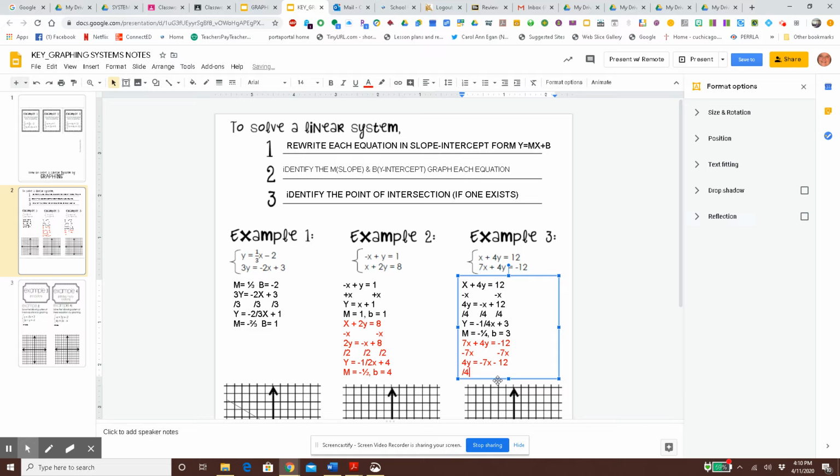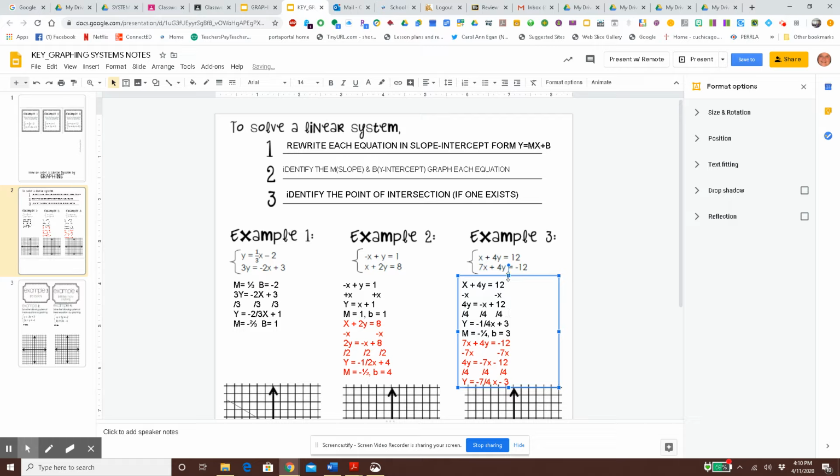Divide everything by 4. And I'm going to wind up with y equal to negative 7/4 x minus 3.